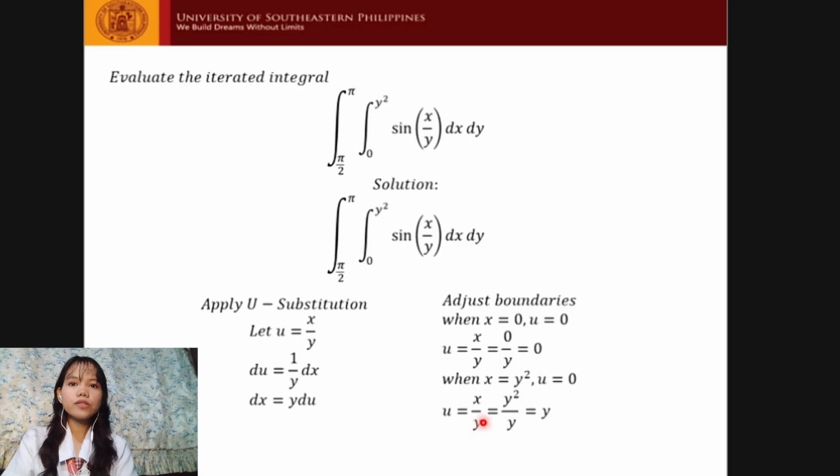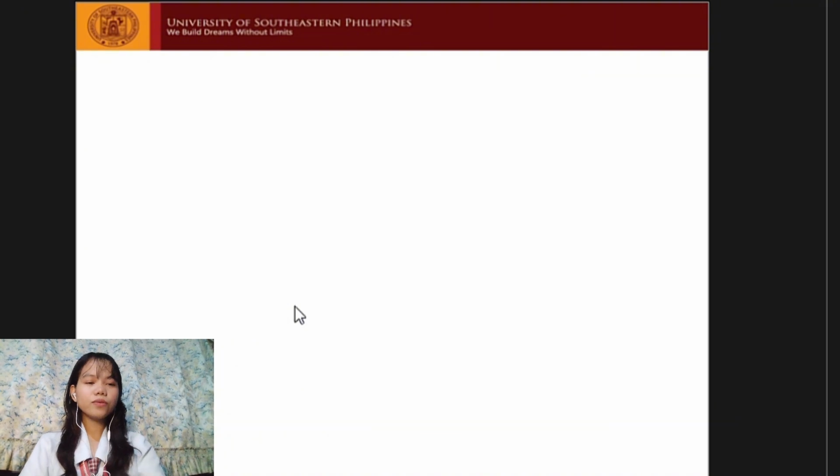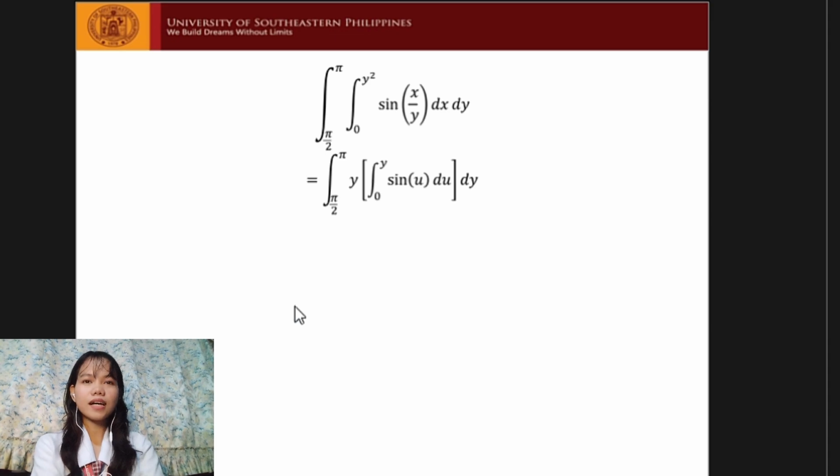So u equals x over y equals y squared over y equals y. So to continue, from this double integral, what we have right now is the integral of y multiplied to the integral of sine u with respect to u ranging from 0 to y, with respect to dy ranging from pi over 2 until pi.